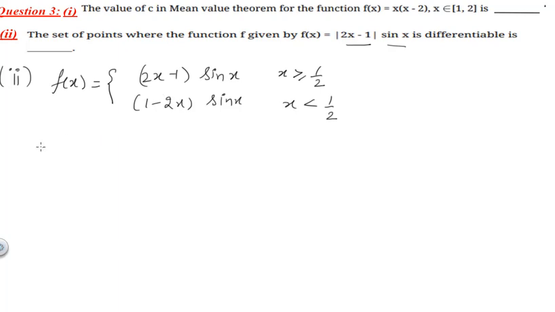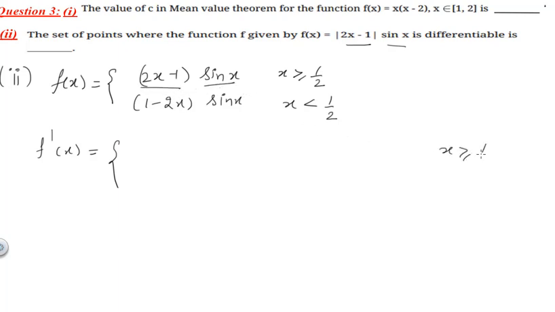So let us first find f dash x in both the cases. I'm just going to give you a hint about how you are going to proceed further, then you can do it. So (2x minus 1) sin x is there for x greater than half. Let us differentiate it. Product rule will be used.